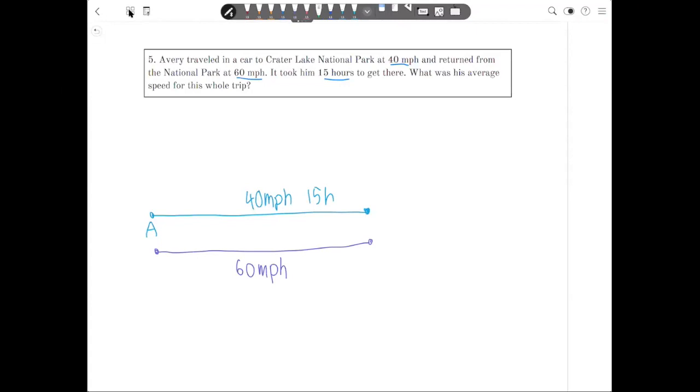So we have the total distance, which is the speed, 40, times the time, which is 600. But then we also know that it's going to be 600 divided by 60, which is 10 hours.